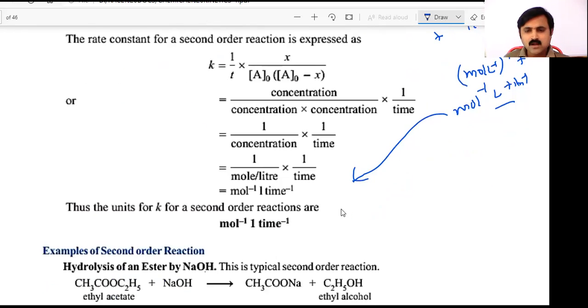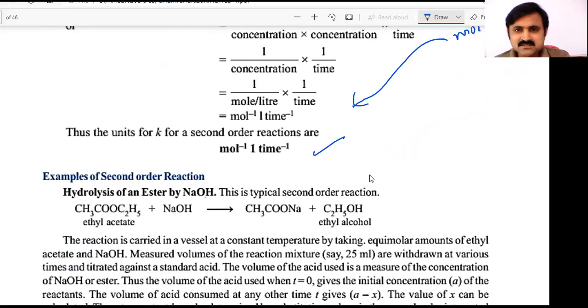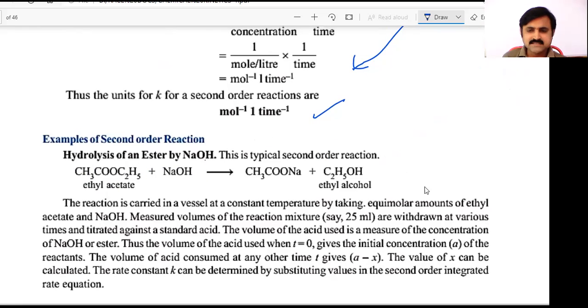Okay. Now let us move to the second order reaction examples. We have second order reactions, and hydrolysis of ethyl acetate. Sodium hydroxide is taken in these hydrolysis reactions. It is a second order reaction. So the reaction is carried out in a vessel at constant temperature, taking equimolar amounts of ethyl acetate and sodium hydroxide.